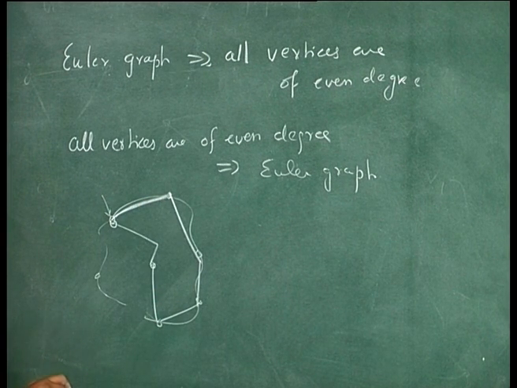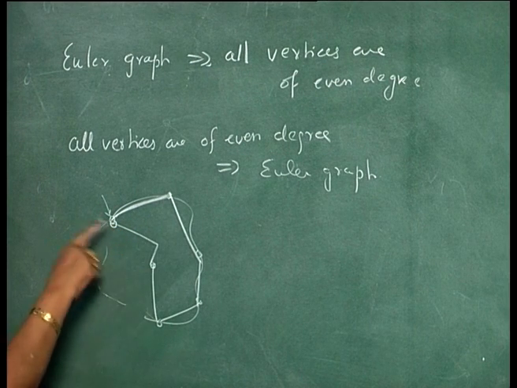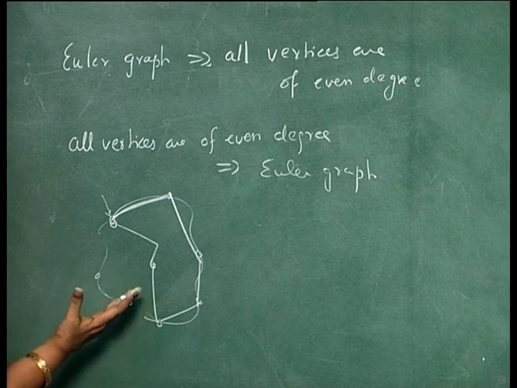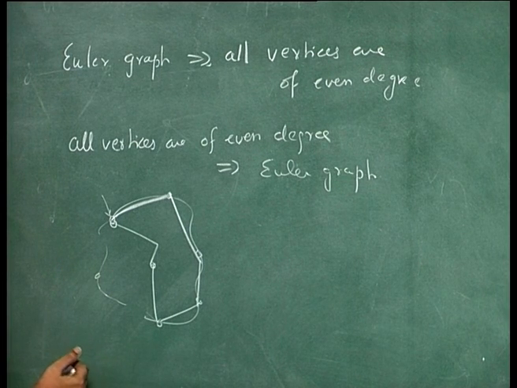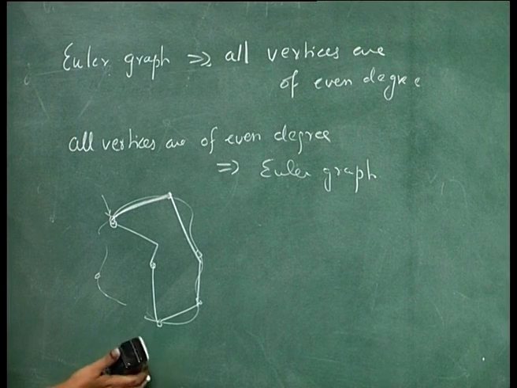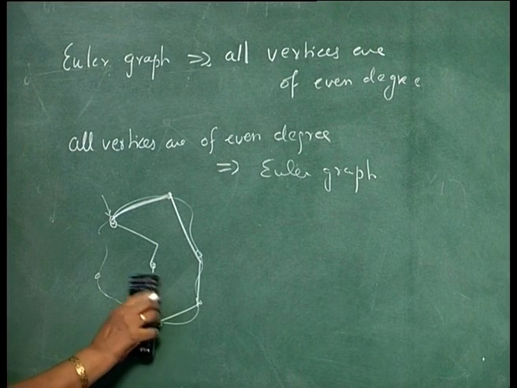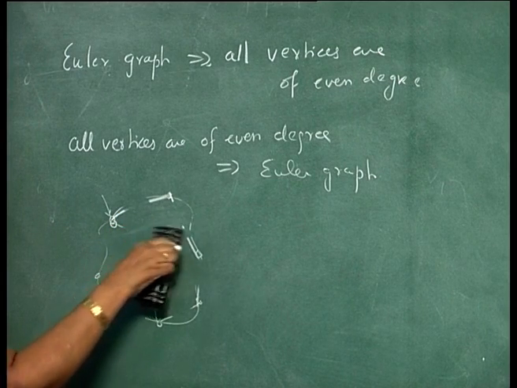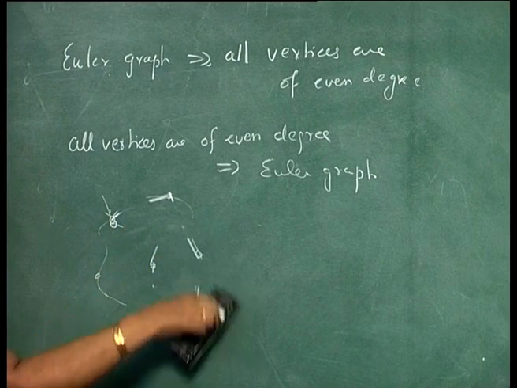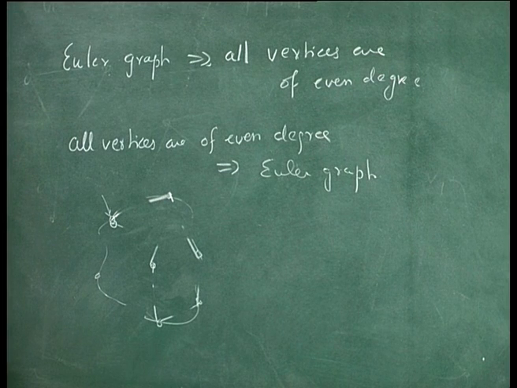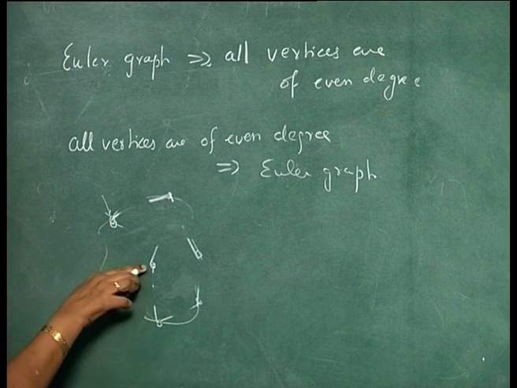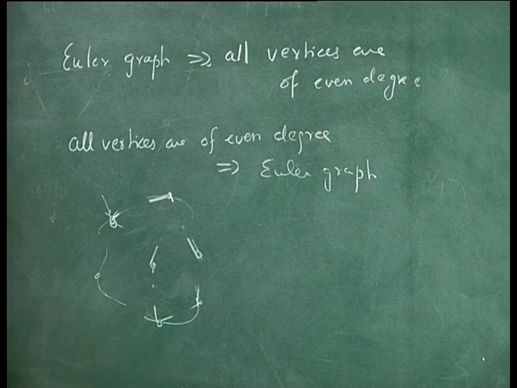One closed walk you have found, starting from here and ending here. And if it so happens that it covers all the edges, well and good. But if it does not cover all the edges, then remove the edges which you have already traversed and consider the remaining graph. In the remaining graph, there will be at least one node which is present here.